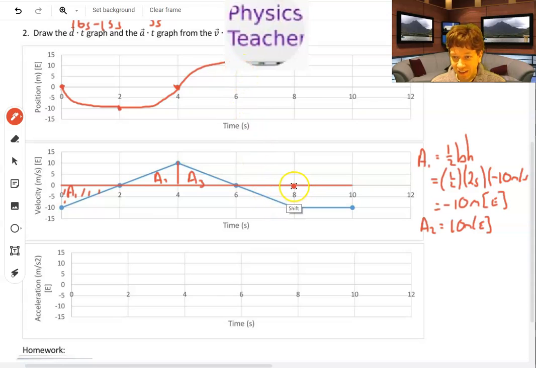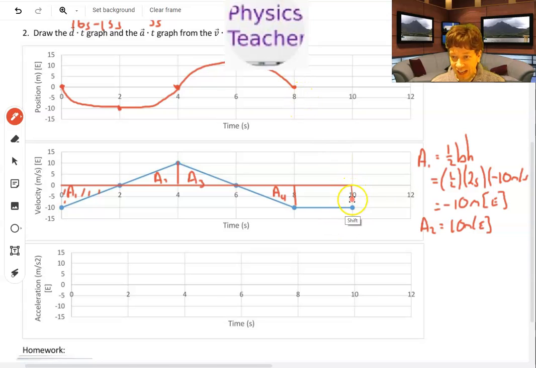And then over here, if we call this A4, A4 is similar. And it has an area of 10 meters. But again, in this case, it's going to be west or negative east. So we had another 10 meters in this direction. And we are speeding up. So curve like that.